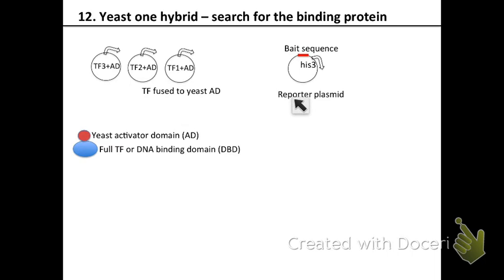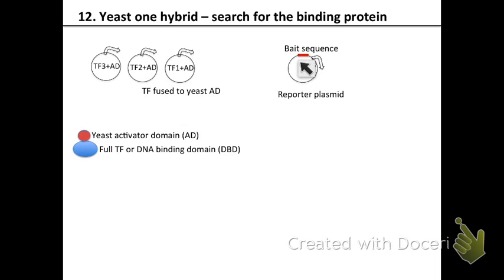So if this HIS3 gene is expressed, and you take these yeast cells and plate them on plates that do not contain any histidine, these cells will be able to grow, right? And if it's not expressed, because there's no histidine in the media, these cells are not going to grow. So you can monitor the expression of the reporter very easily by plating these cells on plates.